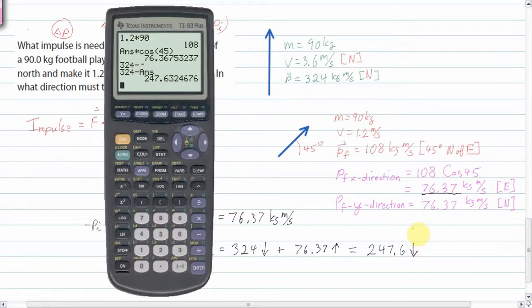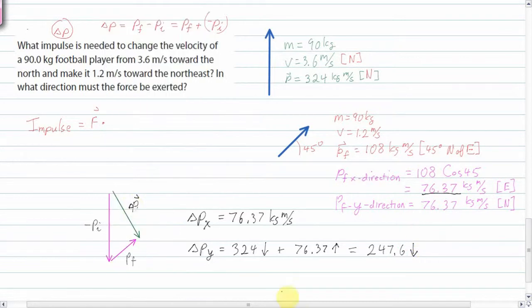So those are the components of that green vector there. So we just have to put them together. 76 this way, 247 this way. So what is the magnitude, the hypotenuse? And then what is the direction?